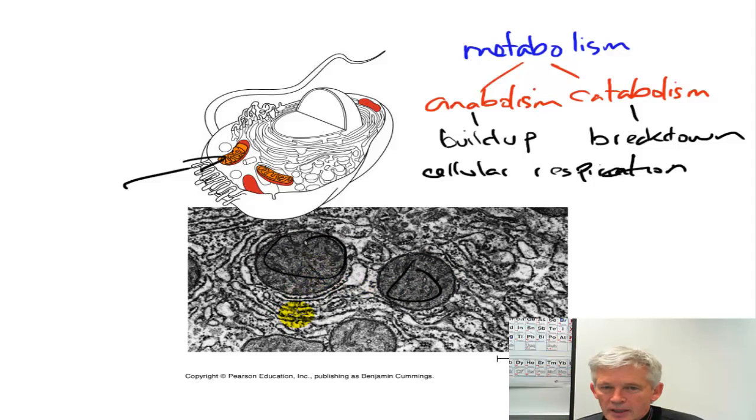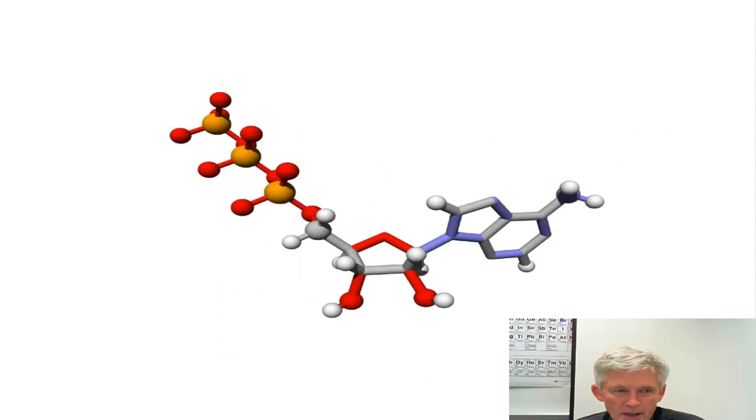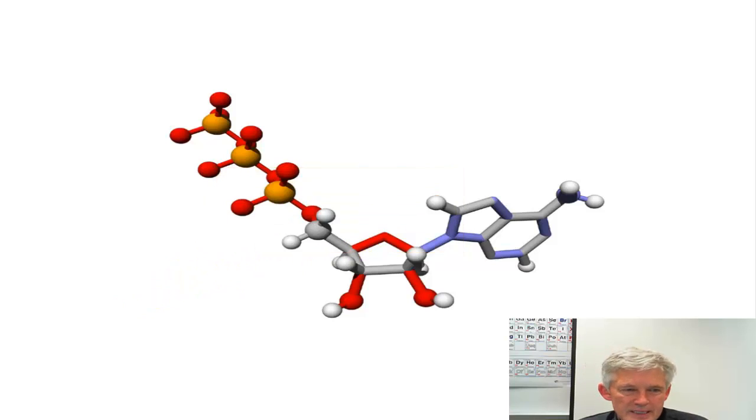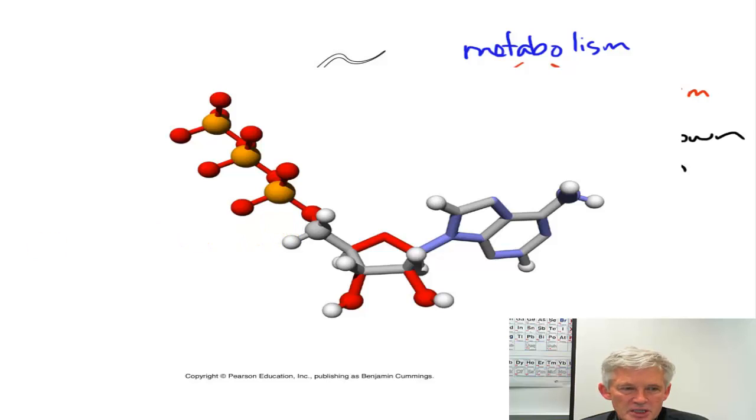And those are, again, where cellular respiration is taking place. Where you will find a lot of that taking place is in muscles, and you will also see it in the liver. But always, always, always the key molecule in metabolism is going to be ATP.